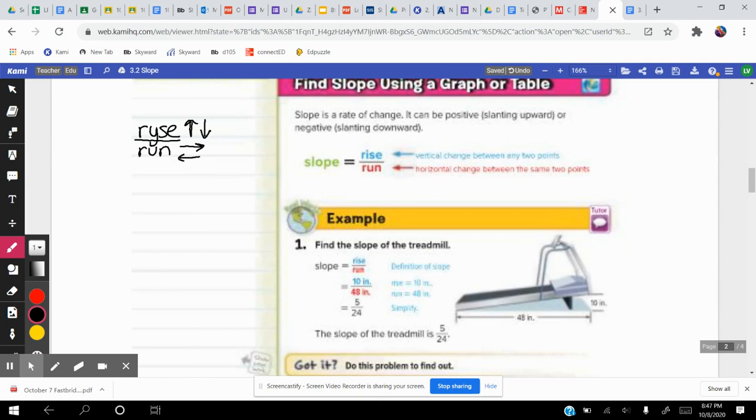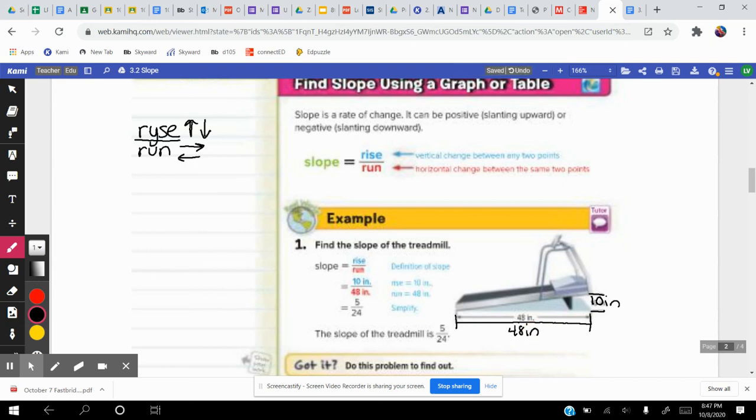So let's look at our example 1. Find the slope of the treadmill. So we see that the treadmill is rising up 10 inches, and it has a run of 48 inches. So this is 10 inches, and this distance is 48 inches.